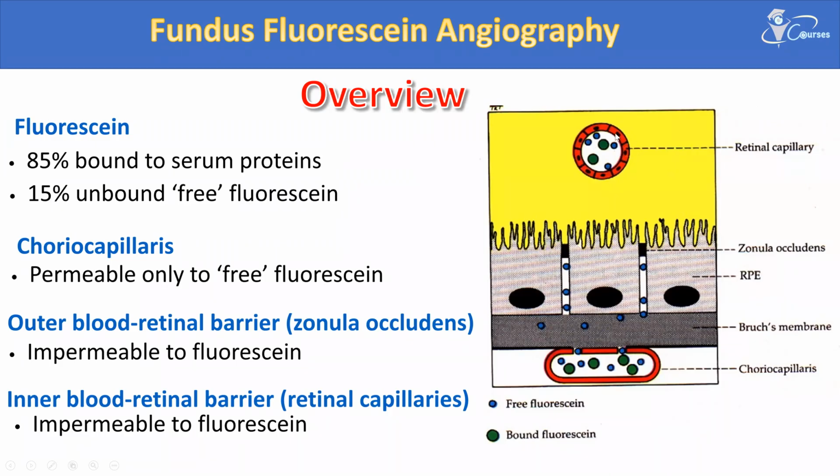The inner blood-retinal barrier is formed by the tight junctions between the capillary endothelial cells, and this also does not allow the fluorescein molecules to get out of the retinal capillaries. That's why normally the fluorescein should be within the retinal blood vessels. If it is present outside the retinal blood vessels, then this is a pathology.